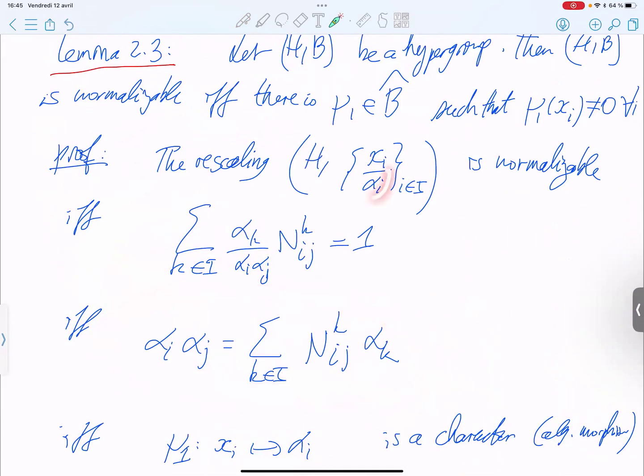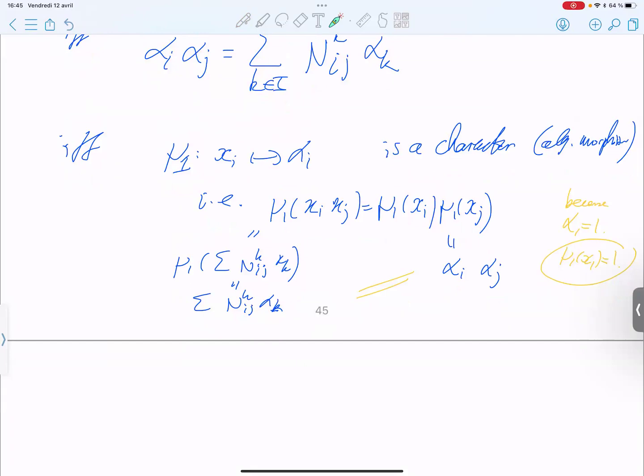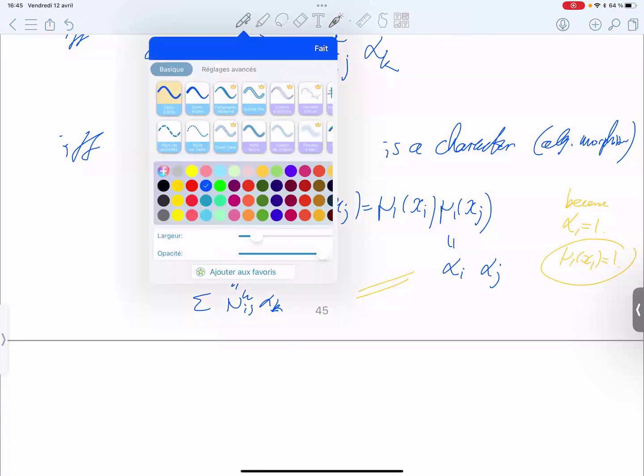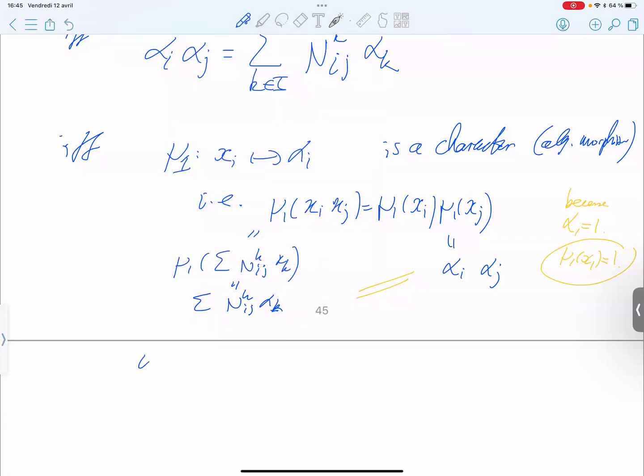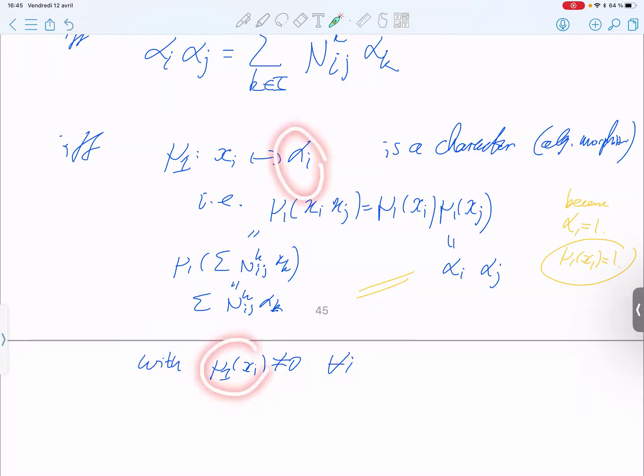And the assumption in the rescaling is that the alpha I are all non-zero. So it's not enough to have a character, we also want all the values to be non-zero, with mu1 of xi different from 0 for all I. So you start from a character non-zero on every entry, you call the value alpha I, you get this relation.